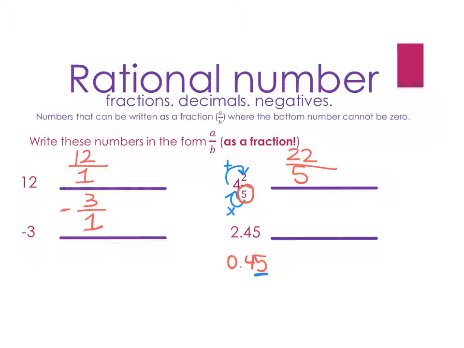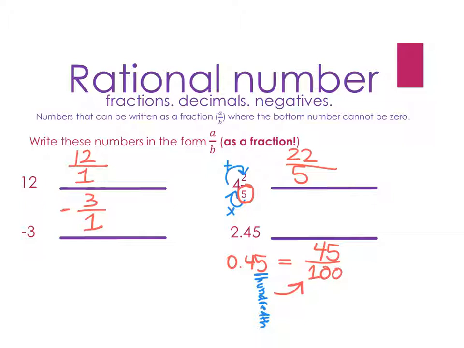I know that this is the ones place, this is the tenths place, and this is the hundredths place. So I'm going to write hundredths underneath, just in case anyone forgot what that looks like. All right, that's the hundredths place. So what am I going to put on the bottom of my new fraction? I'm going to put 100 because it's in the hundredths place. And on top, I'm going to put a 45.